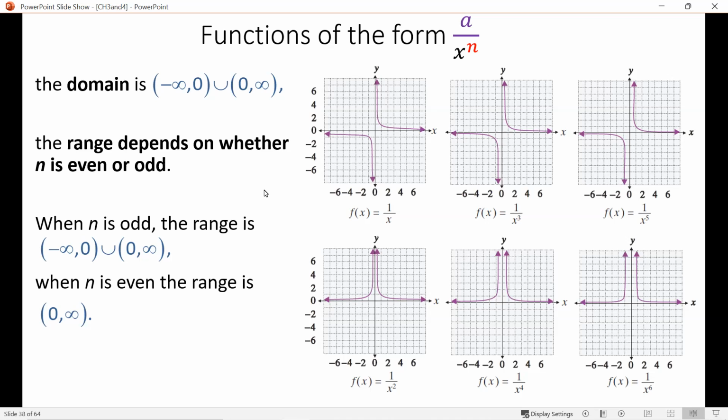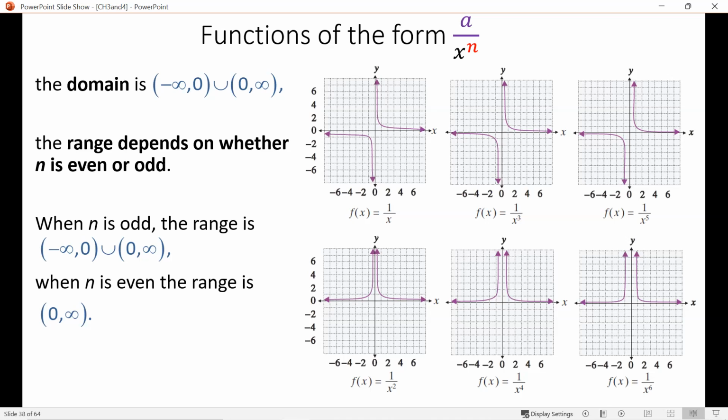The domain in these is going to be everything besides 0. Notice you can never plug in a 0 because that makes our denominator 0, and that makes our function undefined. Okay, so our domain is negative infinity to 0, not including 0, and 0 to infinity, right?